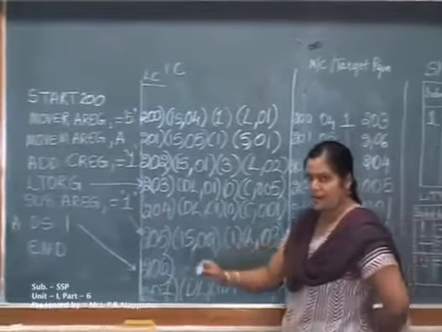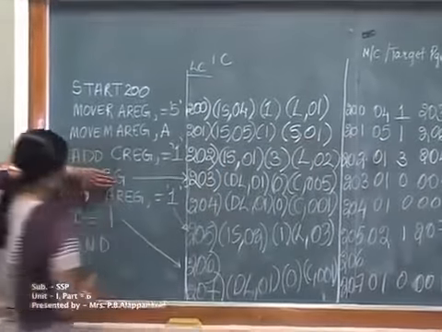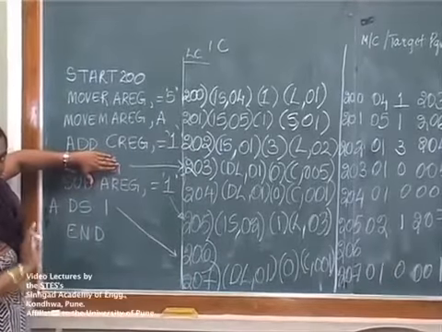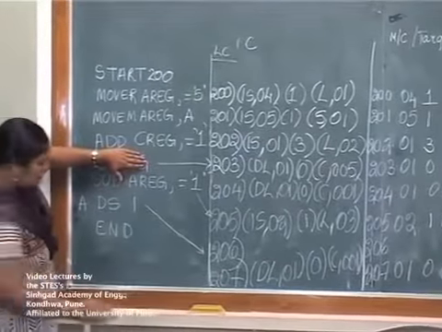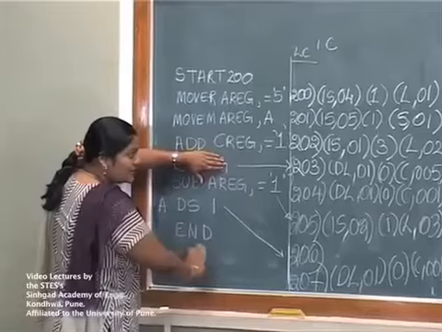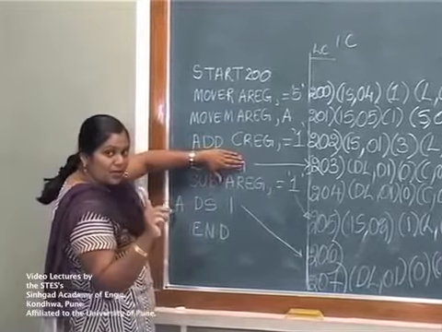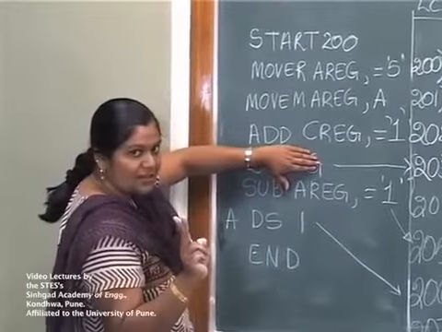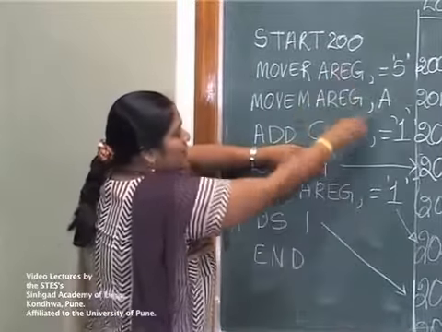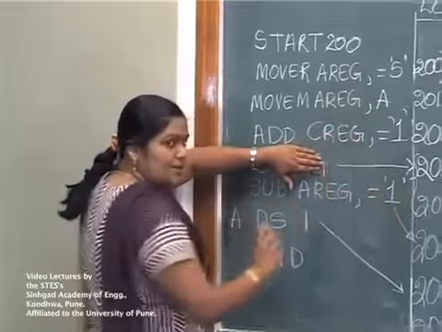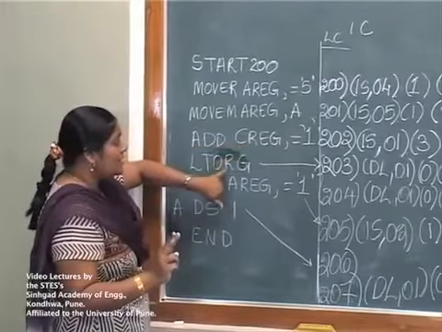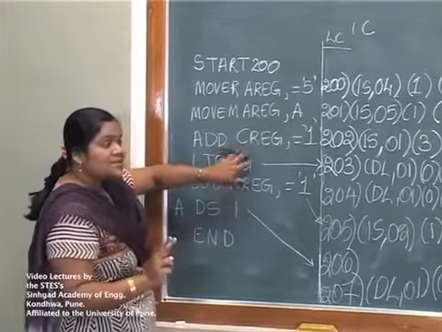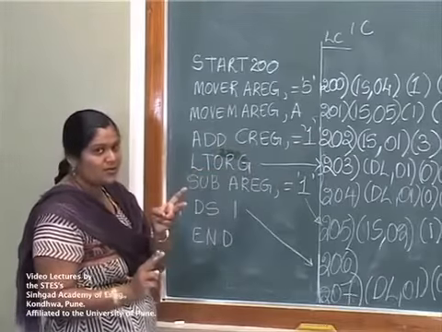If in this program you are not encountering the LTORG statement at all, in that case all the literals will be processed after END, and there will be only one literal pool, and you will have only two literals defined in the literal table, which would be 5 and 1, because 1 is repeated here. Because we have encountered an LTORG statement, that is why we are having two literal pools in our program.